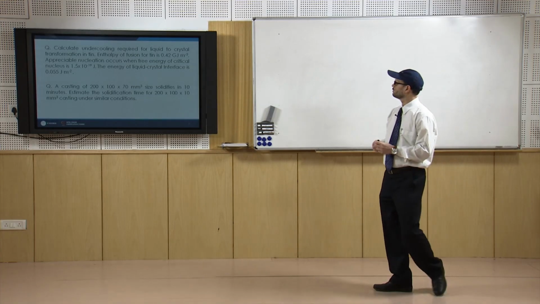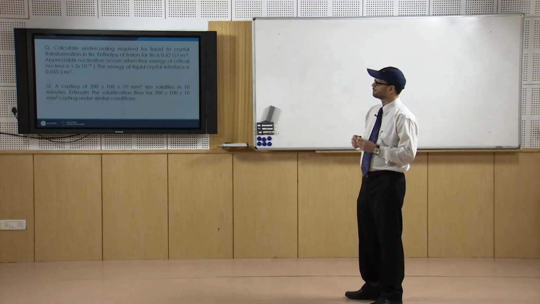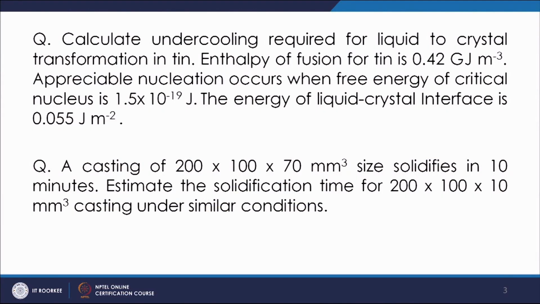Now, the next question we are going to discuss is to calculate the undercooling required for liquid to crystal transformation in tin. Enthalpy of fusion for tin is given as 0.42 gigajoule per meter cube. Appreciable nucleation occurs when free energy of critical nucleus is 1.5 into 10 raised to the power minus 19 joule.